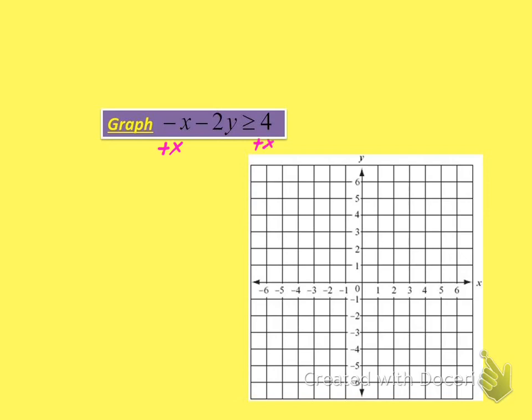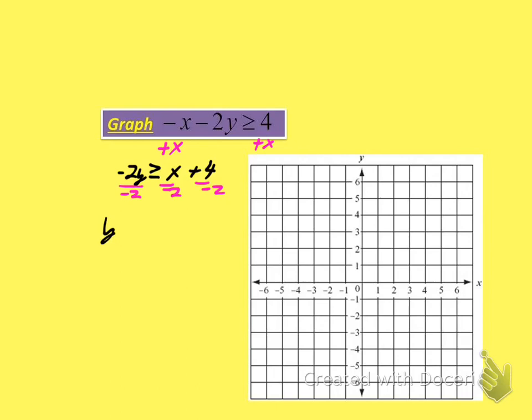Add x first, right? So you get negative 2y greater than or equal to x plus 4. Divide by negative 2. Make sure you do it to everything. Which means y is what? What's the next words that come out of my mouth?